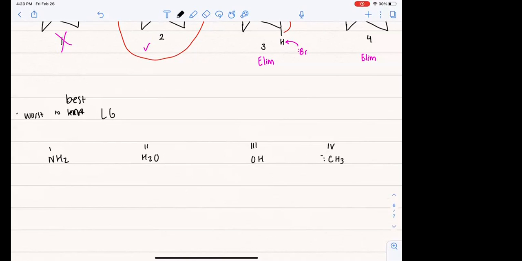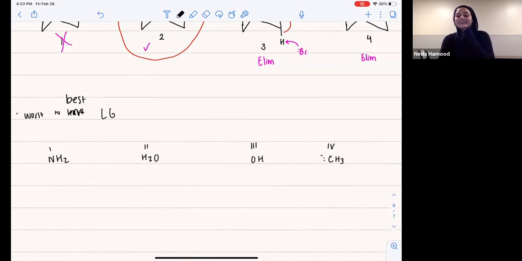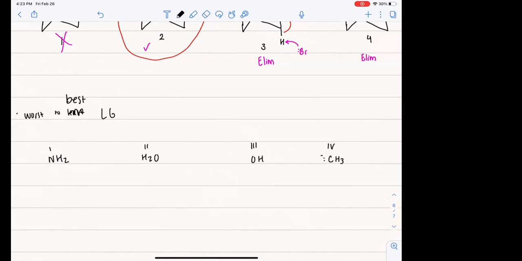Did we get the first parts right? NH2 is the worst. I just know H2O is going to be better than OH, but that methyl is throwing me off right now. Wait, is methyl the worst? In our chart that we wrote down, it says NH2 is the worst.